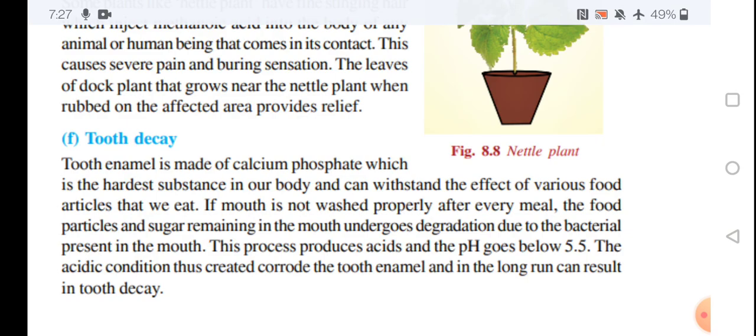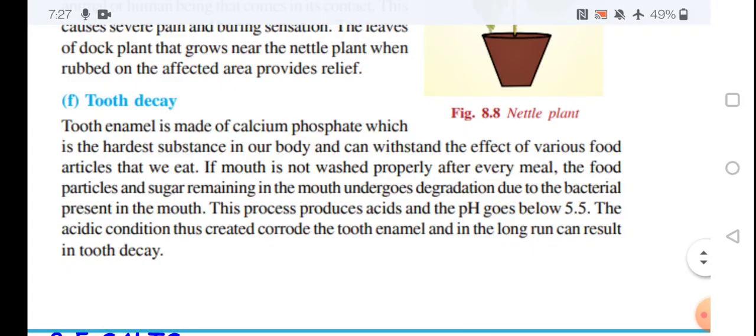If the mouth is not washed properly after every meal, the food particles and sugar remaining in the mouth undergo degradation due to the bacteria present in the mouth. This process produces acids and the pH goes below 5.6. The acidic condition that is created corrodes the tooth enamel, and in the long run it can result in tooth decay.